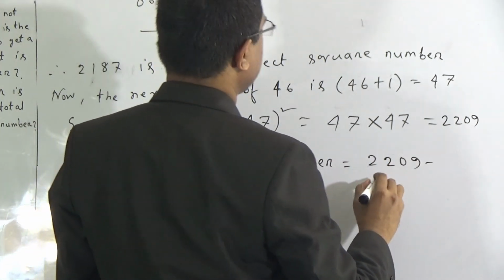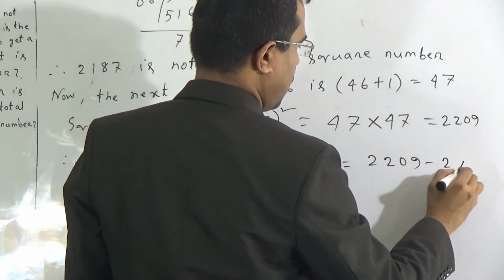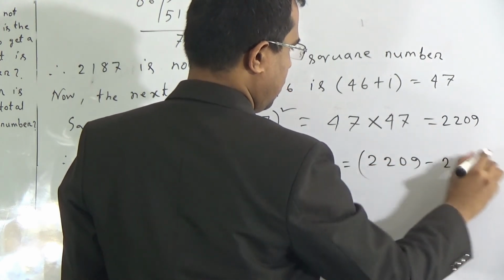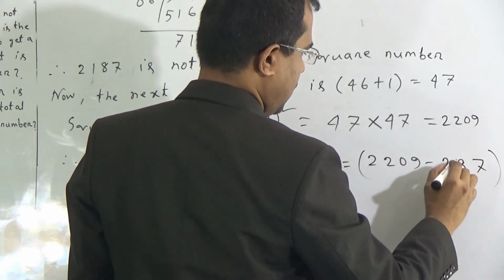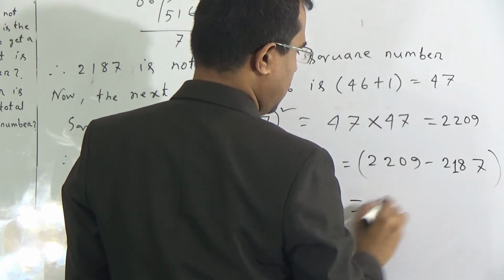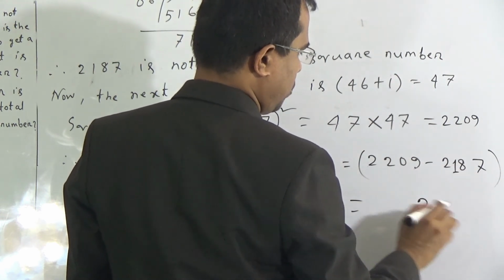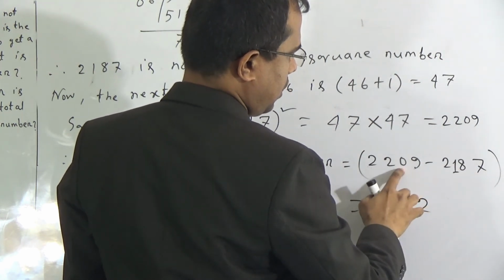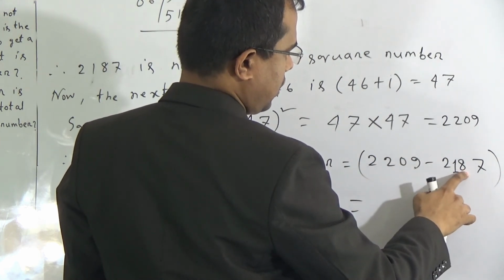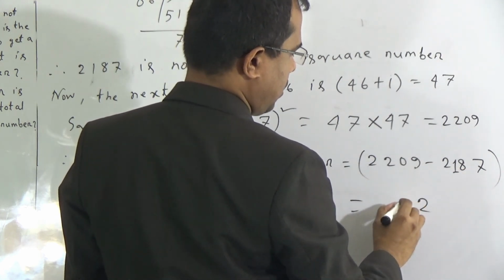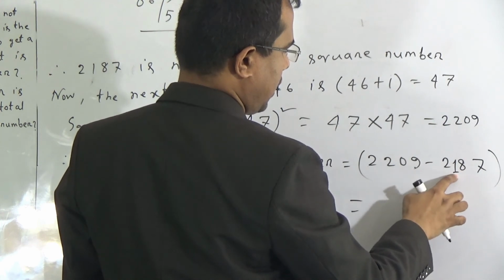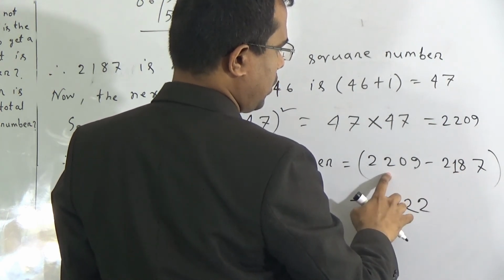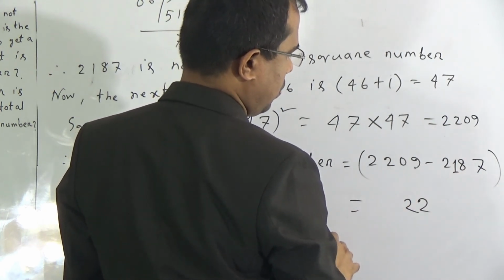2209 minus 2187. 9 minus 7 equal to 2. Then 0 minus 8, that means 10 minus 8, equal to 2. Carrying 1, add, then it will be 2. 2 minus 2 equal to 0 and 2 minus 2 equal to 0.